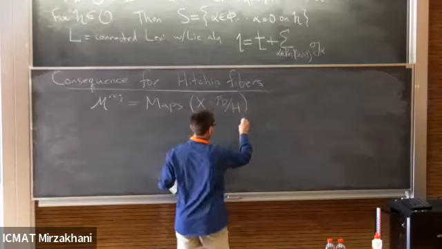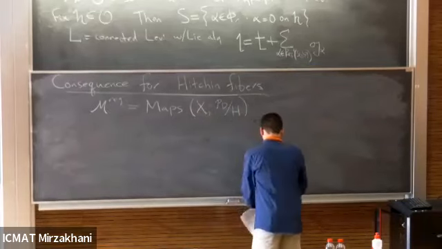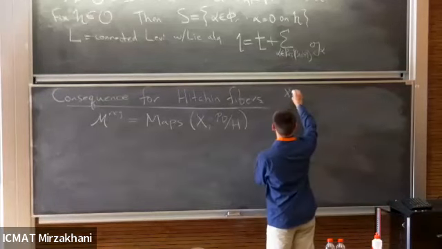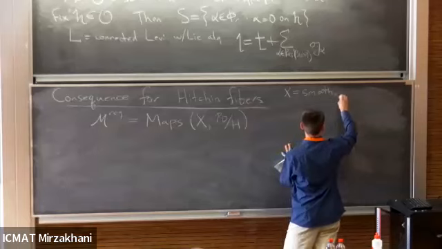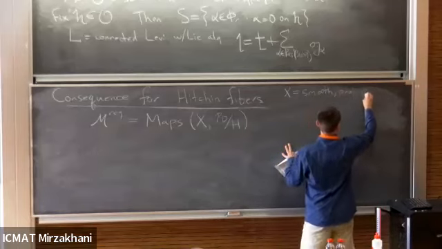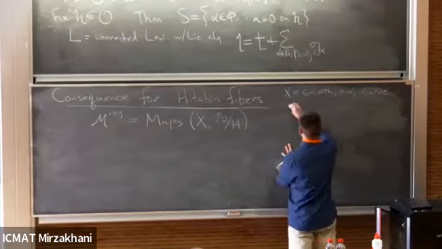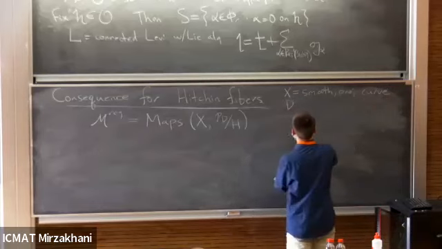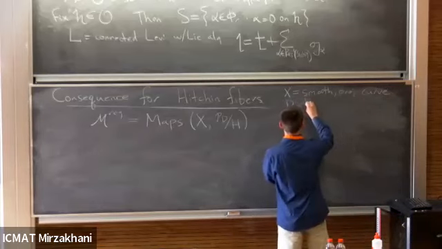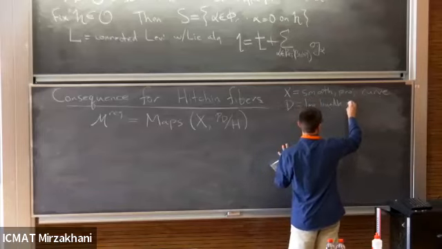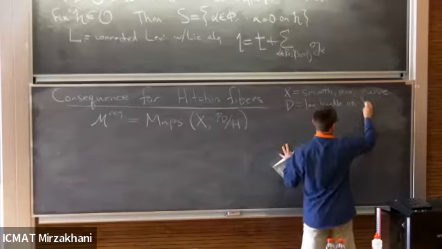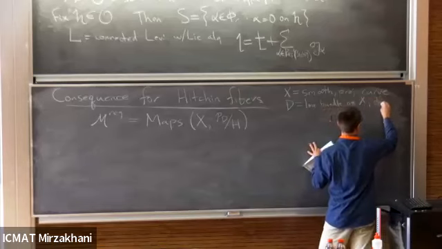I should have fixed X to be a smooth projective curve, and P is going to be some line bundle on X with sufficiently large degree.